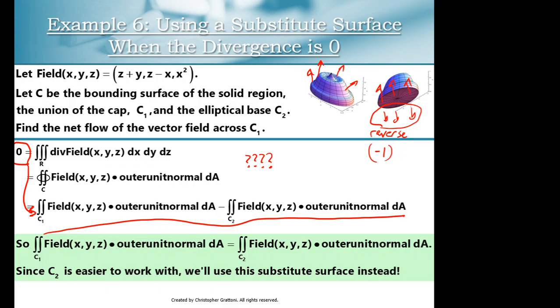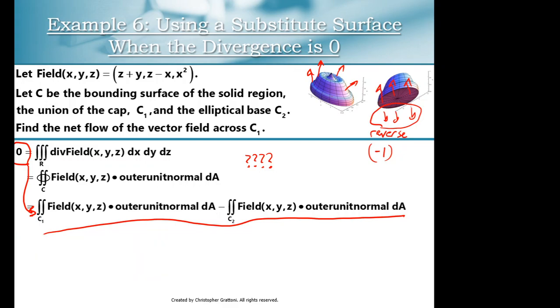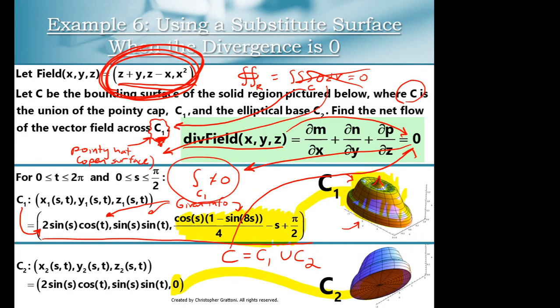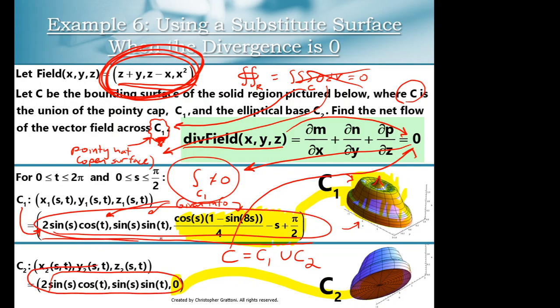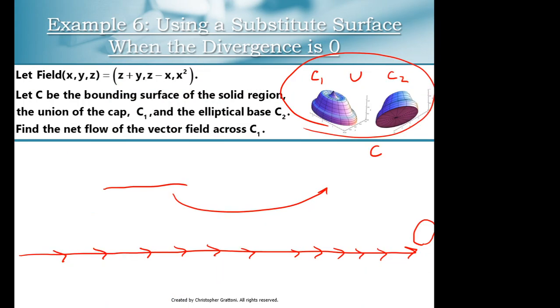All right, and then it's a substitute surface, right? It's a replacement surface. C2 is way easier to work with. If you compare the equations back here, I would much rather be working with this elliptical base down here than I would with this entire metal helmet with the pointy top.